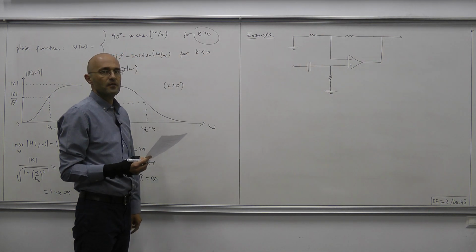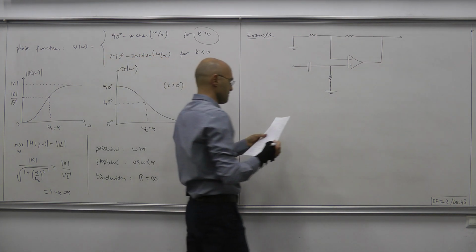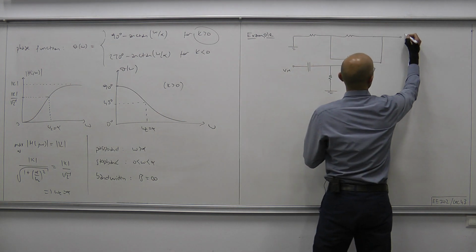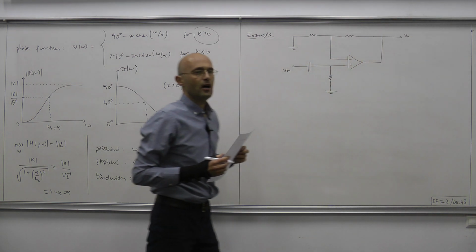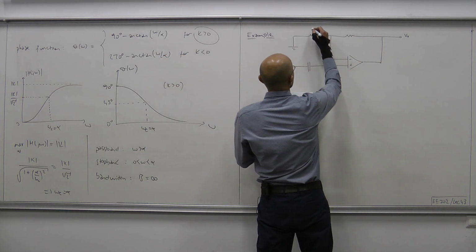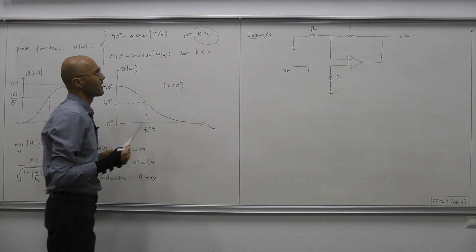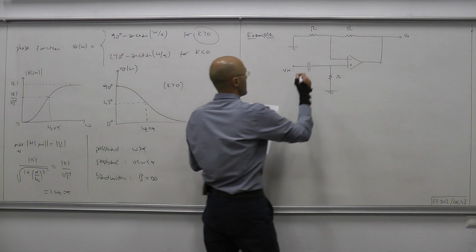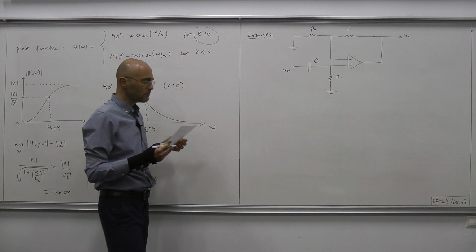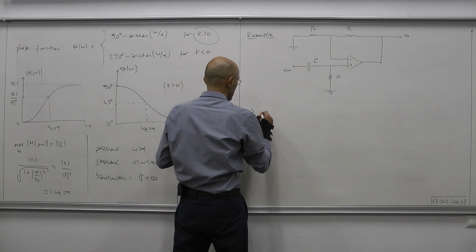So this is our circuit where we use an operational amplifier. This is where we apply the input voltage, and this is where we collect the output voltage, V out. Okay. The resistances of 3 resistors are identical and given as R, and here we have a capacitor with capacitance C. Now for this circuit, we are asked to perform the following.